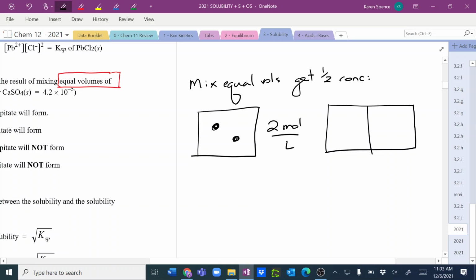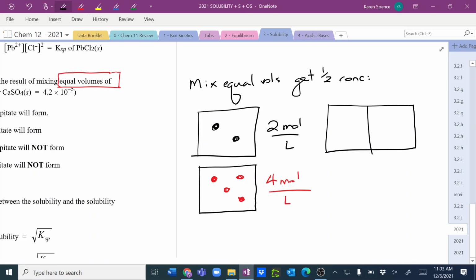Let's have our other box with 4 moles per liter of the red stuff. When we mix them together, we now have 2 moles in 2 liters because the total volume here is 2 liters.